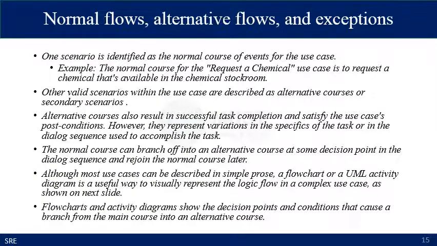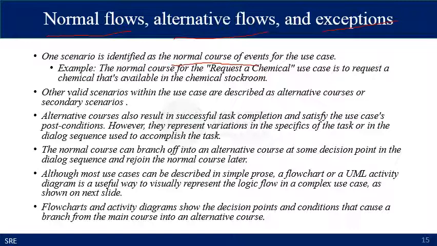So there can be different flows in the use case referred to as normal flows, alternate flows, and exceptions. So one scenario is identified as the normal course of events for the use case. For example, the normal case for the use case request a chemical is to request a chemical that is available in the chemical stockroom.